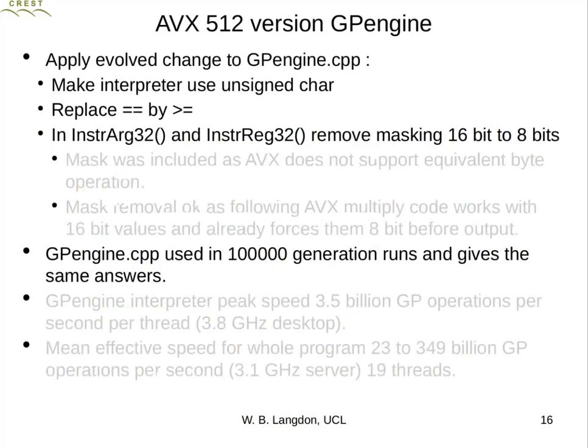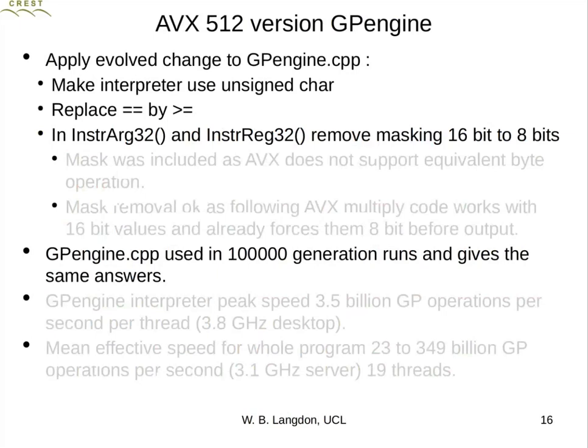And the equivalent of the Magpie generated patch is simply to remove all the code that masks a 16-bit answer down to 8 bits. And that's entirely safe because the following multiply code, which is the only thing that calls those two routines, is quite happy to deal with 16-bit inputs even though it was designed to deal with 8 bits.